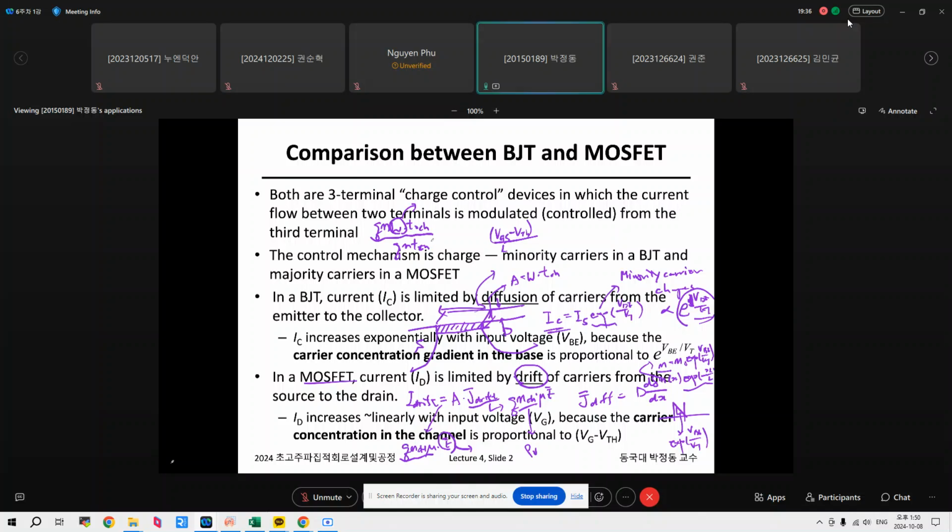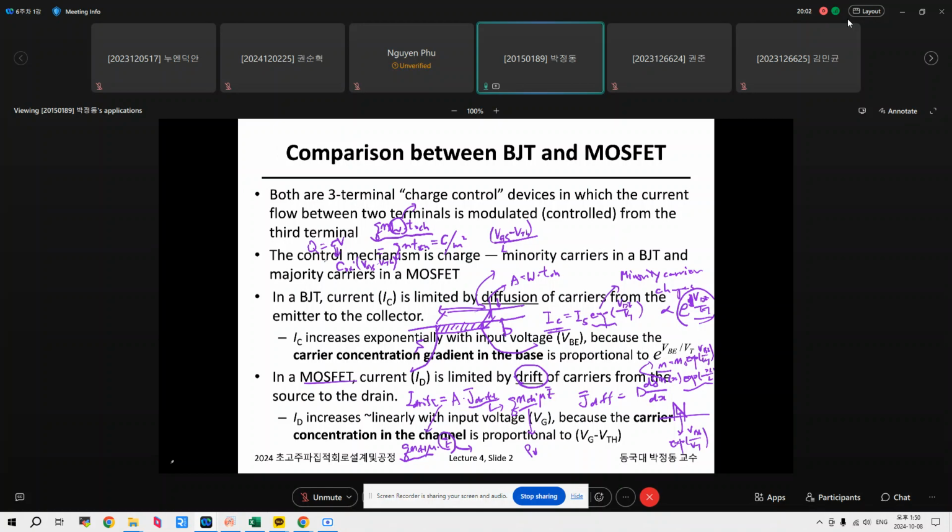Q N T channel is actually this charge per meter square. Okay, this charge per meter square is actually Q equals CV, right? So C here, C is what? C is Cox, right? V is applied voltage, V gate source minus V threshold, right?